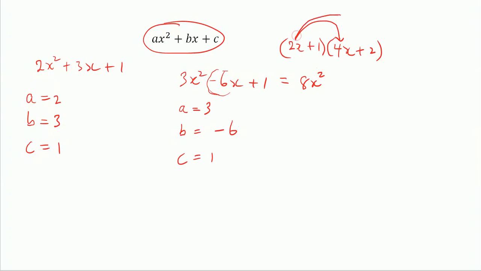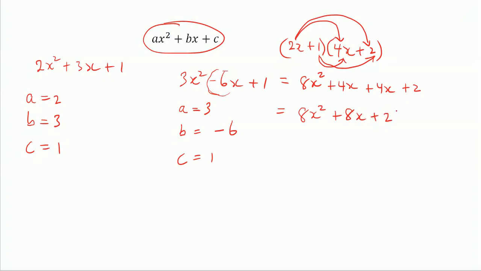Then 2x multiplied by 2 gives us 4x. Then we take the 1 and multiply by the 4x, so we have another 4x. And then the 1 multiplied by 2 gives us 2. So we have 8x squared plus 4x plus 4x plus 2, which simplifies to 8x squared plus 8x plus 2.